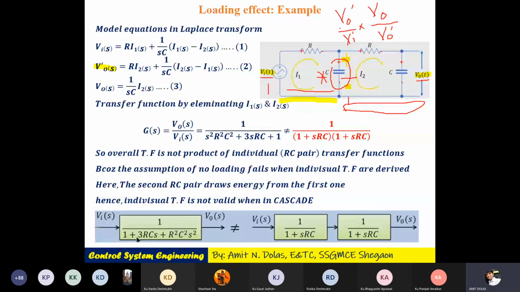That's why I have written transfer function VO dash upon VI. But in second, ये input नहीं है second को. So input is considered like VO dash. So output is VO. Thereby VO upon VO dash. And if you see the mathematical expression, this and this quantity, VO dash, will be automatically cancelled because they are similar, and finally you will get ratio VO upon VI. Is it clear now?